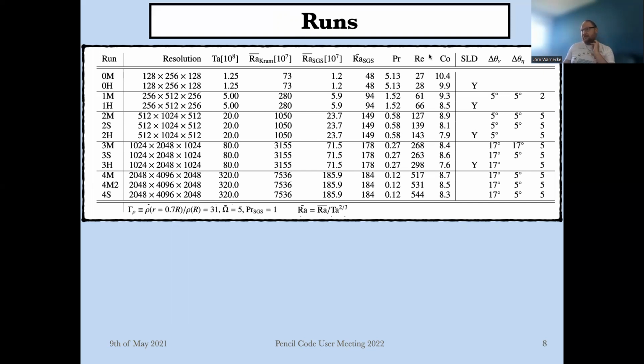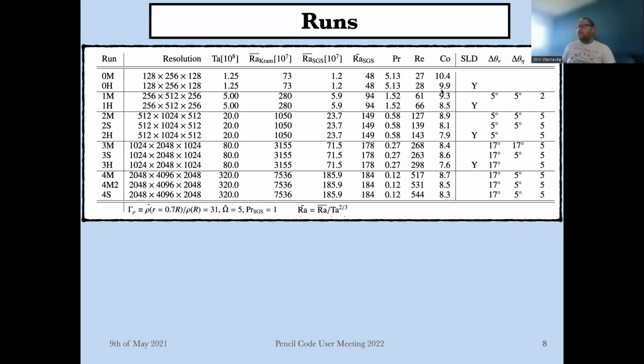It means that the fluid Reynolds number and magnetic Reynolds number, with magnetic Prandtl number 1, are the same, and we push them up to 500. But you need a resolution of 2000 times 4000 times 2000 to reach it. The Coriolis number is roughly the same, so the rotation is the same for all of the runs. It's basically just a study of different diffusivities.